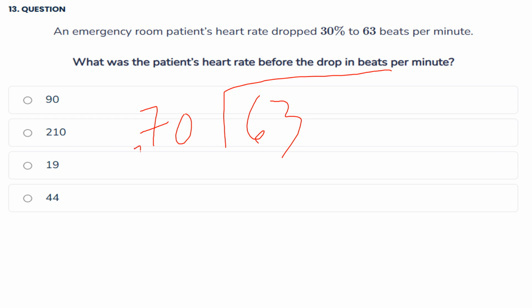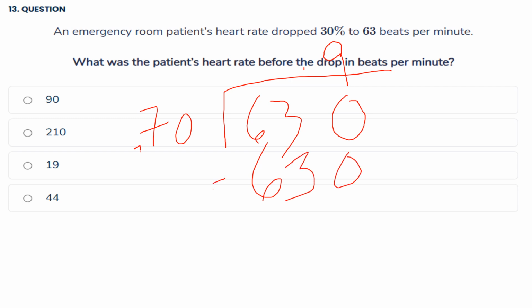70 divided by 6, you can't do it. 70 divided by 63, you can't do it. So you need to add 0. And when you add that first 0, you have to put a decimal up at the top. 70 can go into 630. That can go in 9 times. So 9 times 70 is 630.